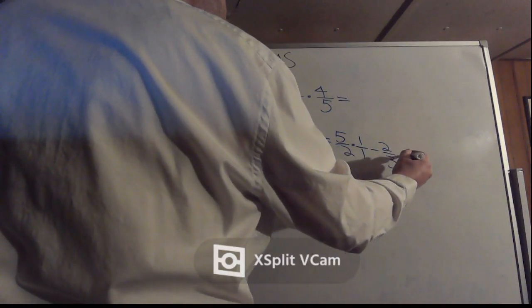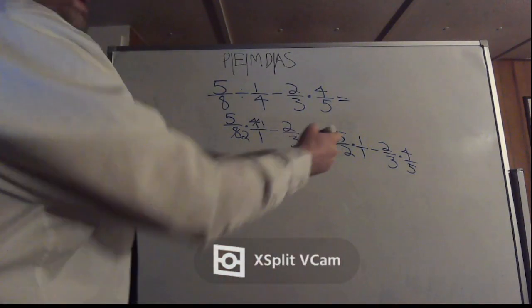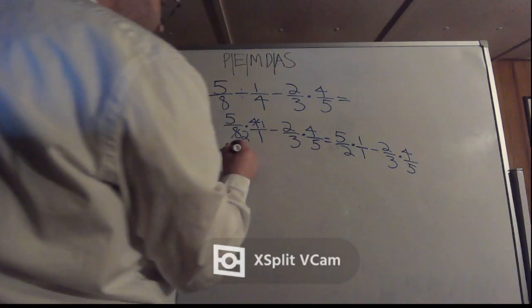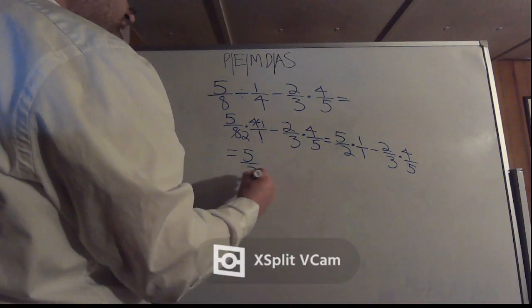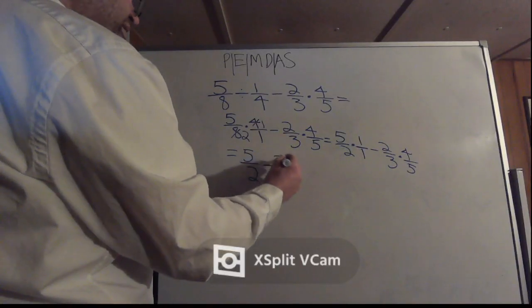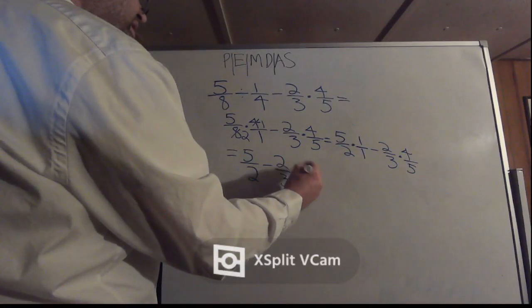Minus 2/3 times 4/5. Alright, well, 5/2 times 1/1, that's going to equal 5/2. Then you'll be left with minus 2/3 times 4/5.